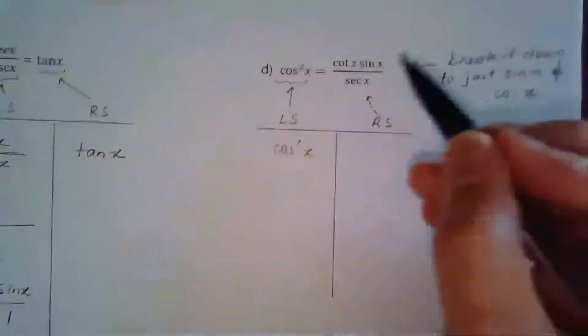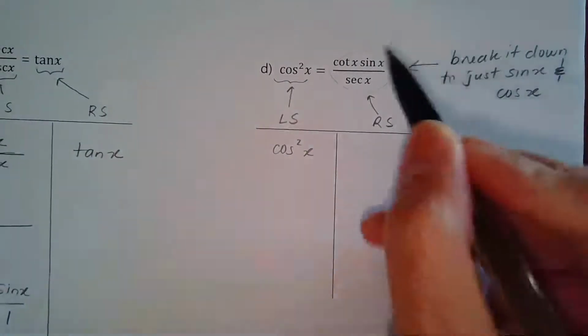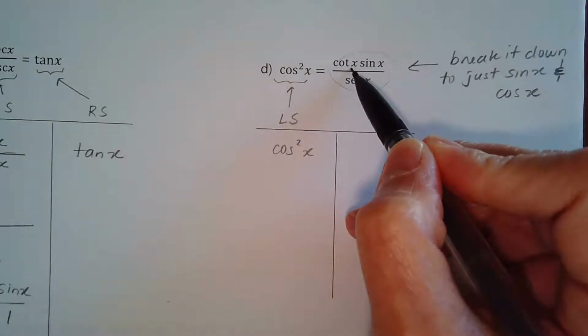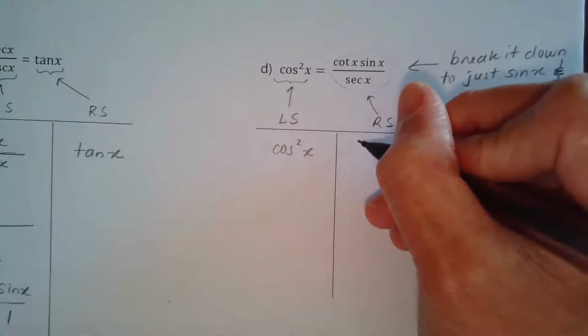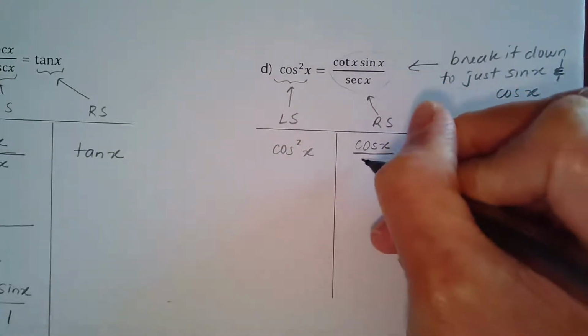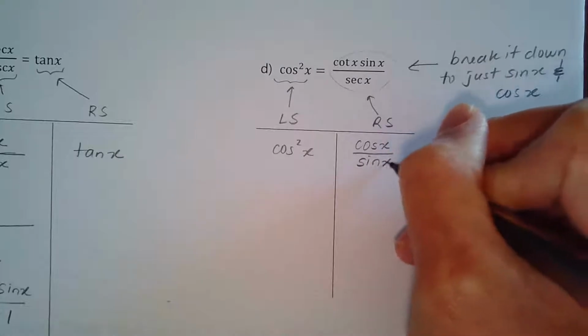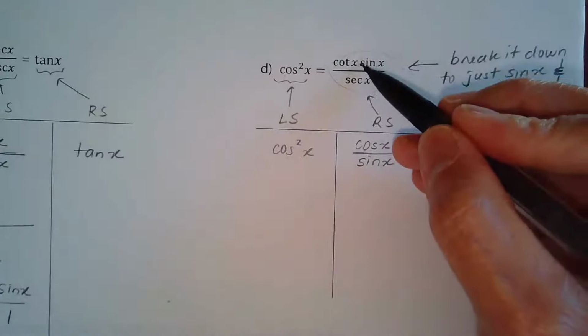So when we see something like this, it would be nice to just break it down into sine of x and cos of x and then go in from there. So cotangent of x, what do I know about it? Cotangent of x is really cos of x divided by sine of x. And we're supposed to multiply by sine of x.